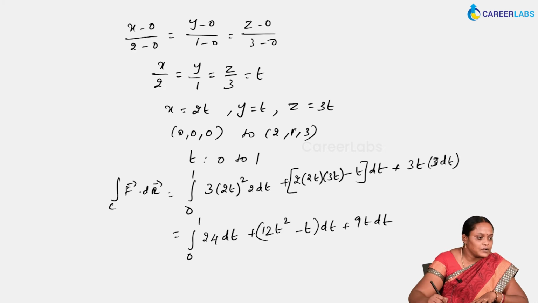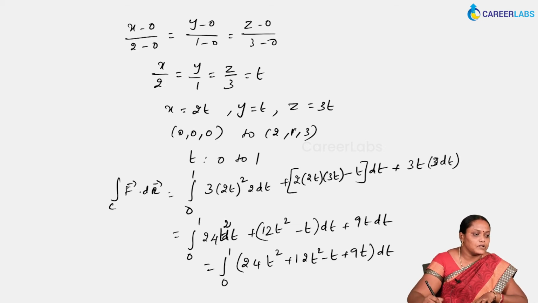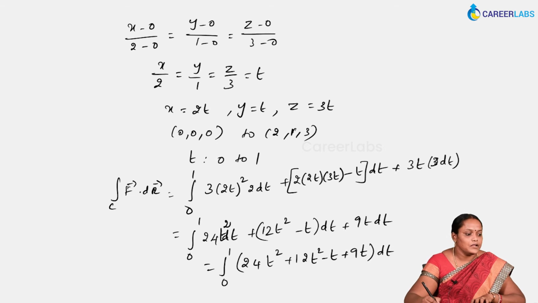So, this is nothing but integral 0 to 1 of 24 t squared plus 12 t squared minus t plus 9t dt. When you simplify this, 24 plus 12 will give you 36 t squared, and from these two terms it is plus 8t.